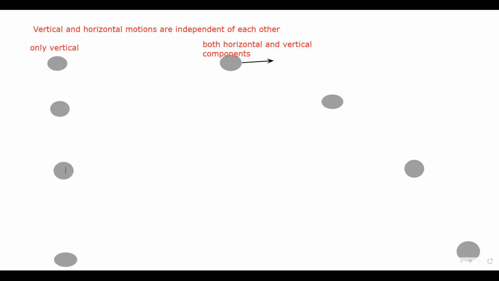But what we observe is that their vertical displacements after every second, their vertical positions, are the same. Why are their vertical positions the same? Because vertically this is also accelerating, having acceleration due to gravity. This is also accelerating, and the acceleration is due to gravity.